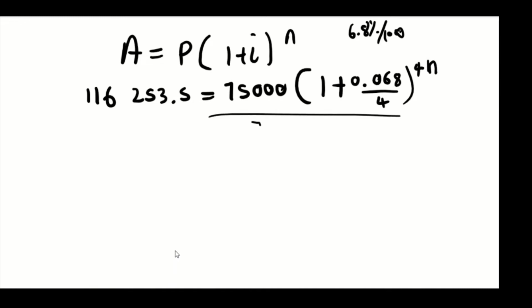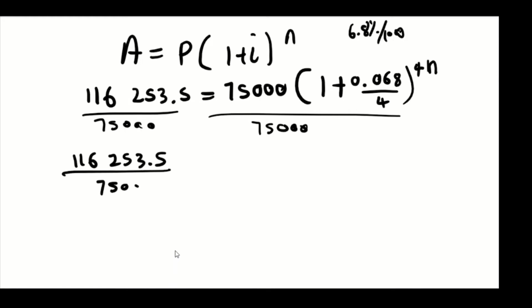So we divide by 75,000. It's going to be 116,253.5 divided by 75,000 equals 1 plus 0.068 over 4 to the power of 4n, right?